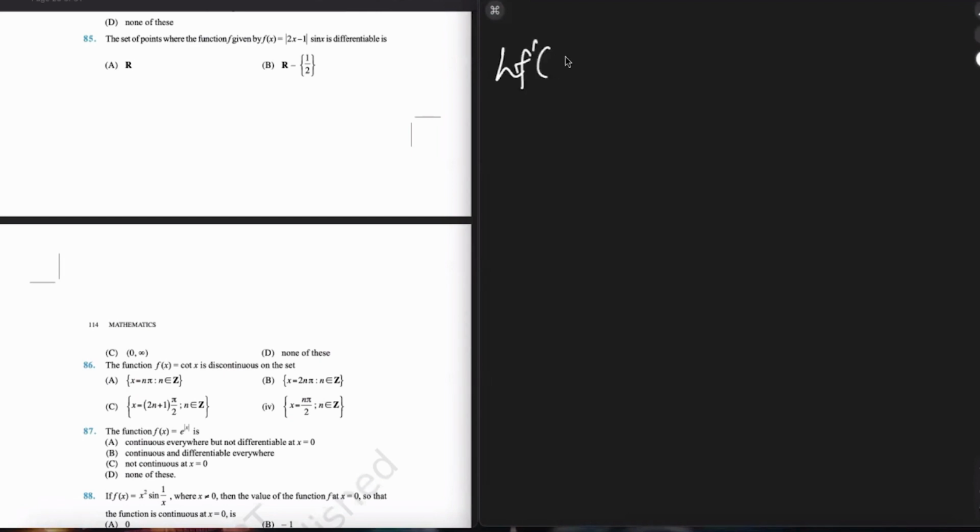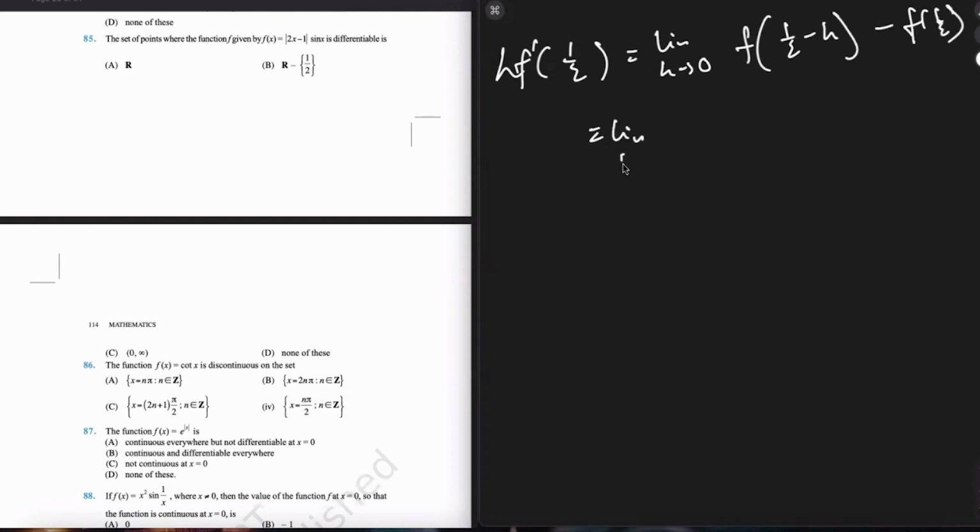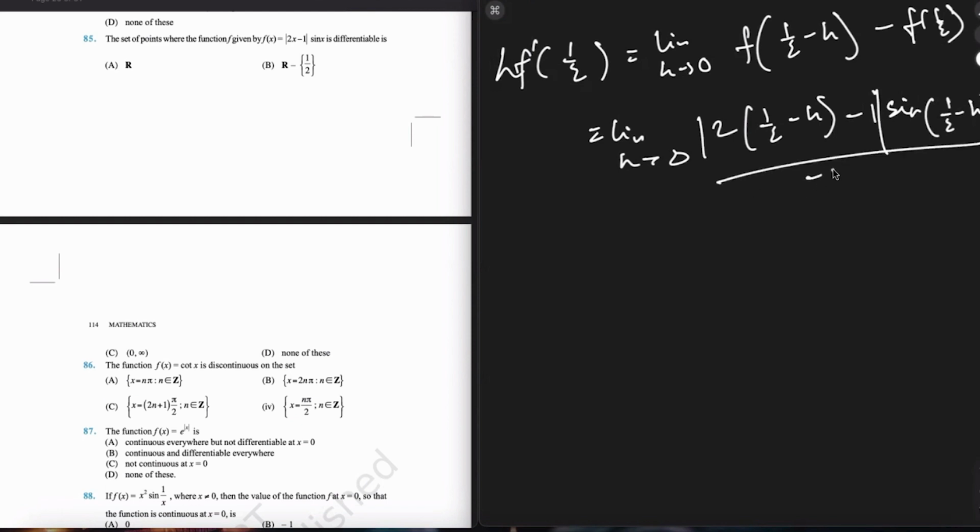Now approaching from the left hand side for the same. The limit h tends to 0, f(1 by 2 minus h) minus f(1 by 2), divided by minus h. That is mod of (2(half minus h) minus 1) sine(half minus h), whole divided by minus h.